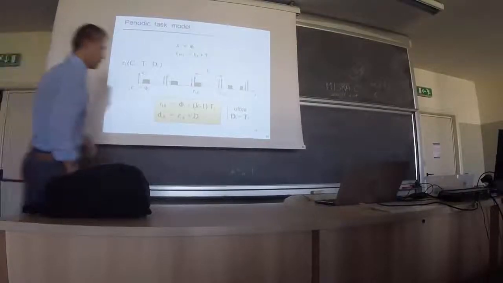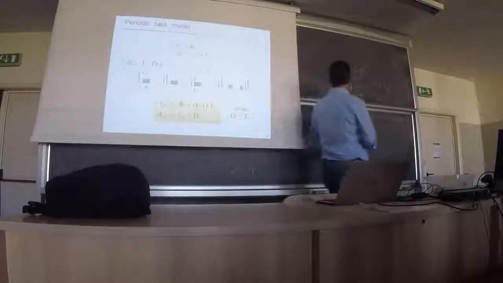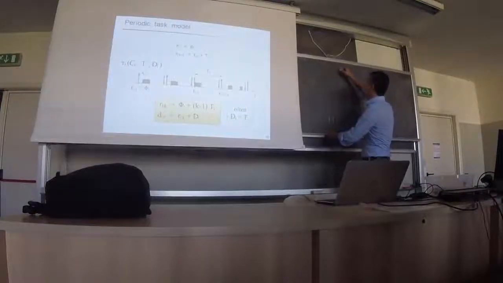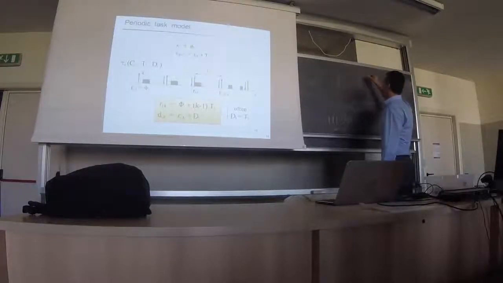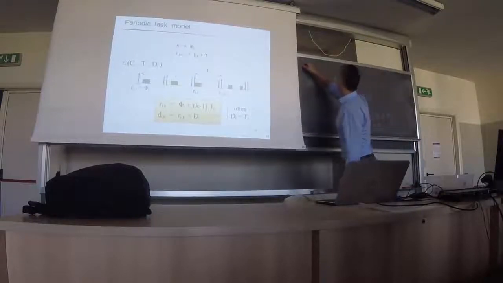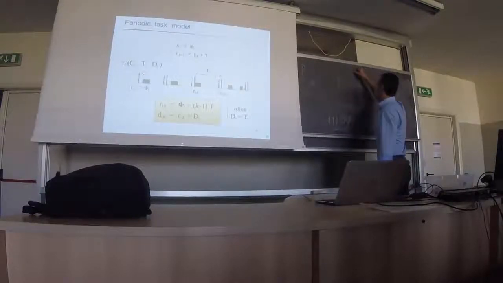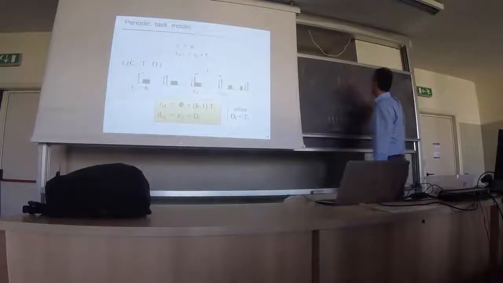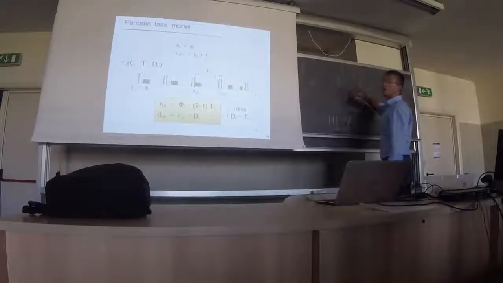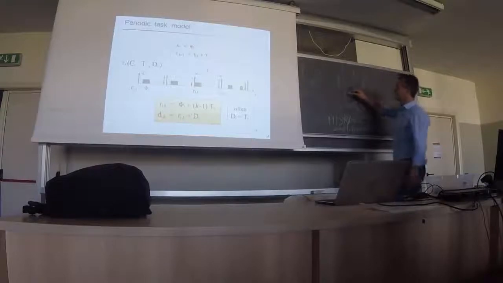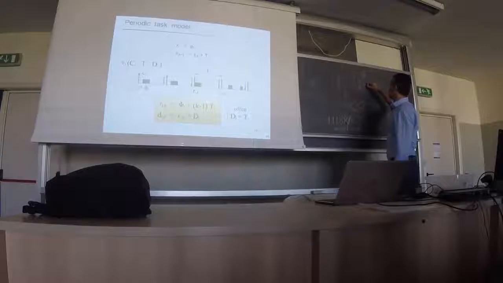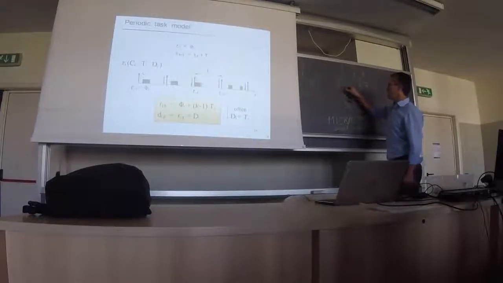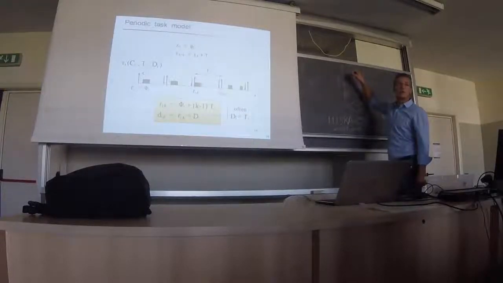For instance, if I have two tasks, if I have one task that arrives here and has a deadline here, okay, and I have another task which has a deadline here, and I'm at time t, and both tasks, tau 1 and tau 2, both of them at time t still have some pending work to execute, okay?